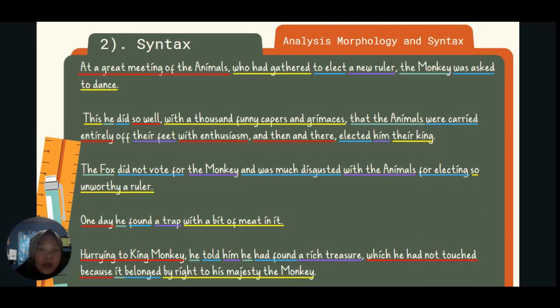At the great meeting of the animals is underlined red because it is an adverbial. Who had gathered is complement. To elect is verb, a new ruler as object. The monkey as subject was asked as verb. To dance as complement.